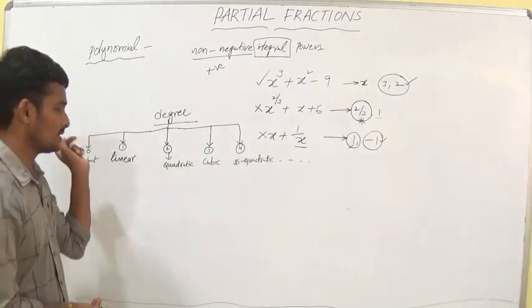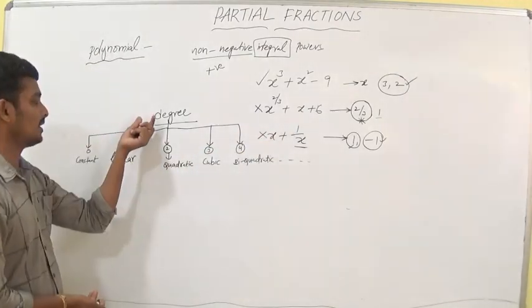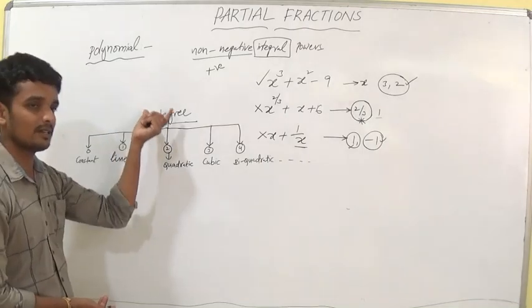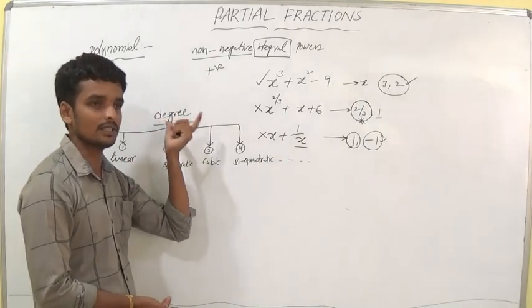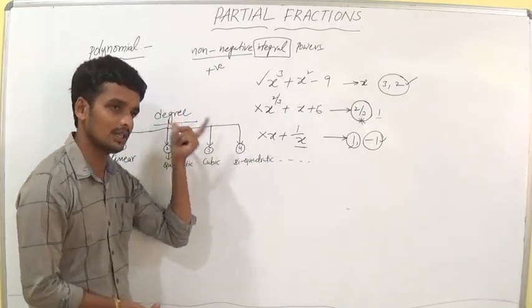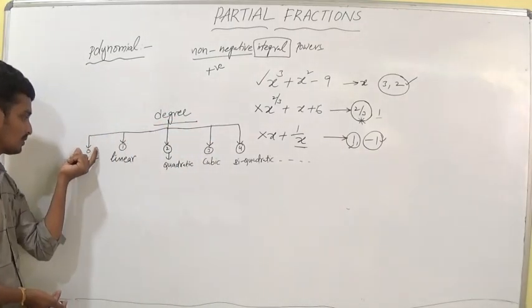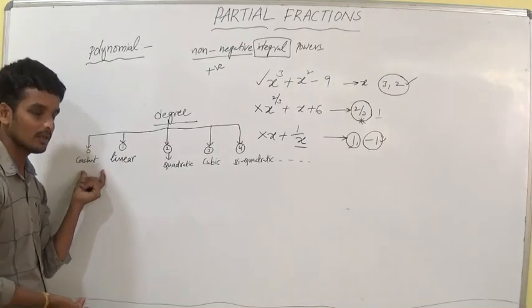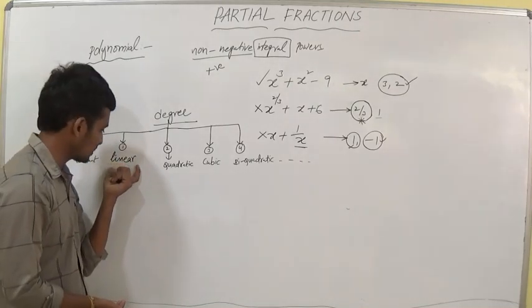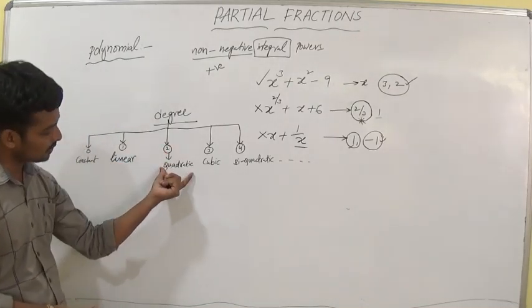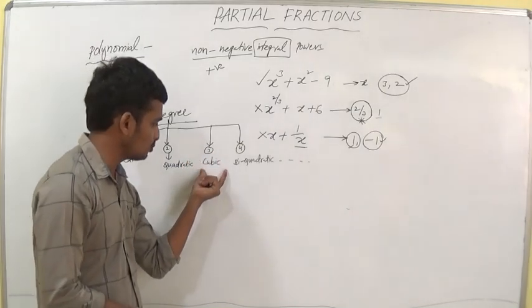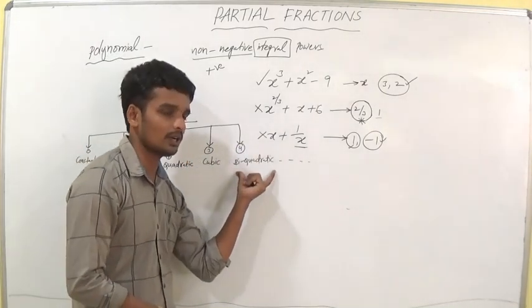And we have to memorize the types of polynomials based on degree. Degree is the most important. Degree 0 is a constant polynomial, degree 1 is linear polynomial, 2 is quadratic polynomial, 3 is cubic polynomial, 4 is biquadratic polynomial.